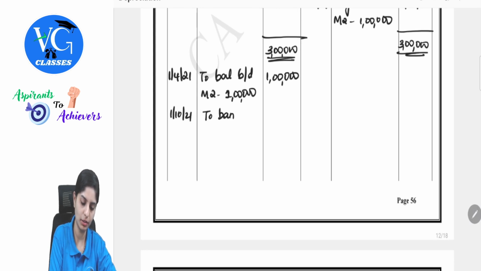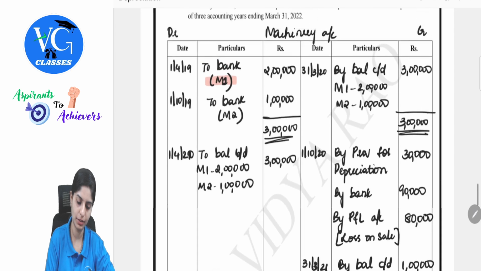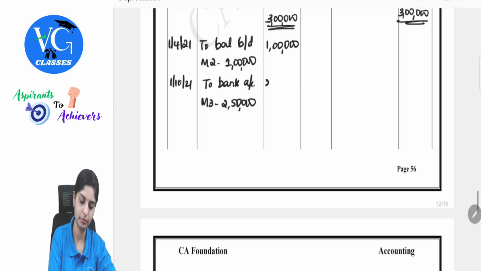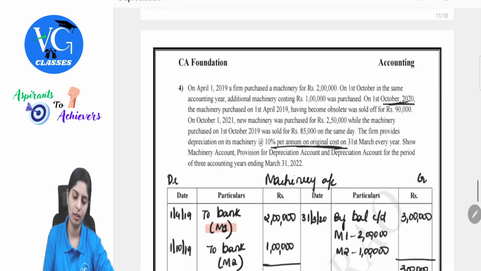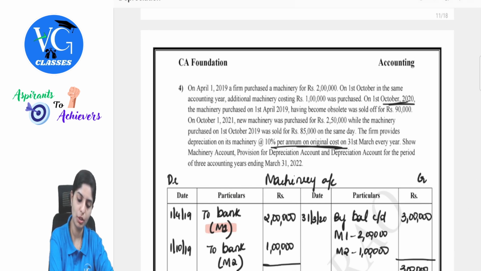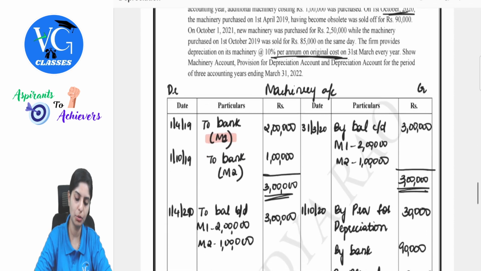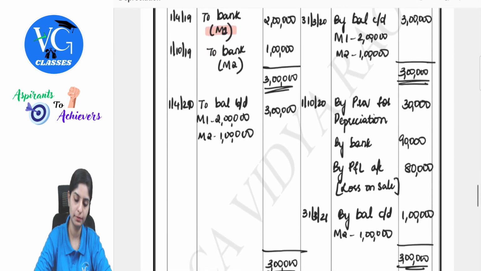To bank account, machinery 3, 2 lakh 50,000. Correct? Machinery purchased on 1st October 19 was sold for 85,000 on the same day. So machinery 2 is also getting sold now.